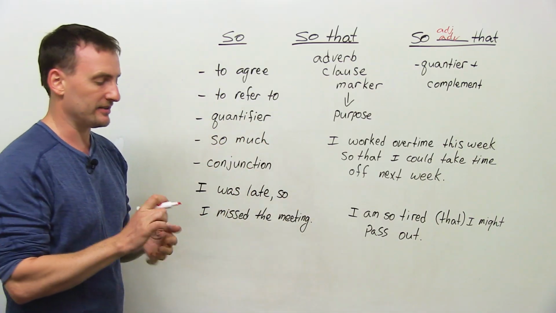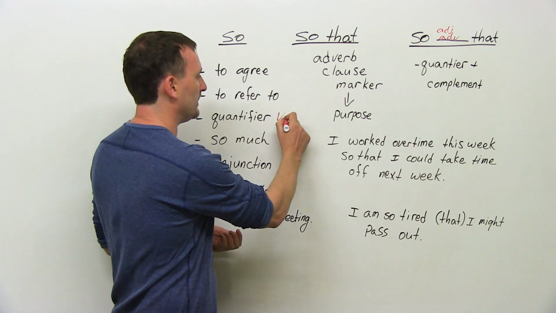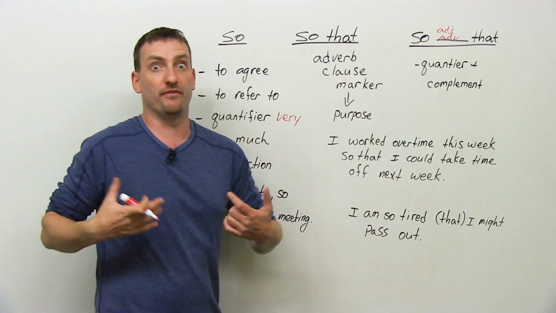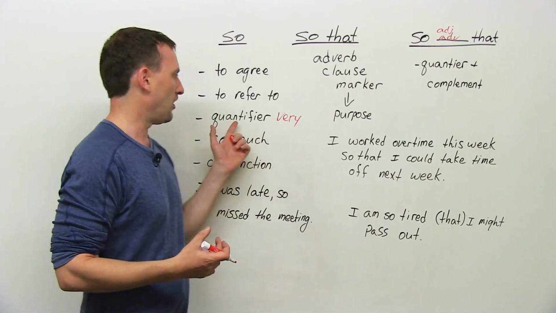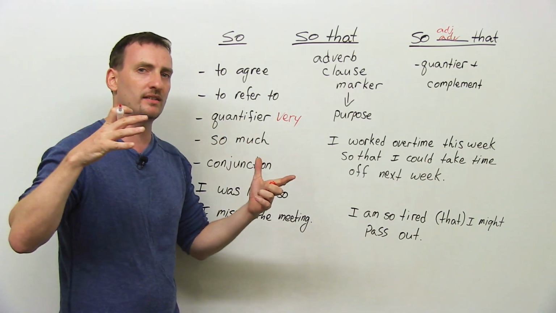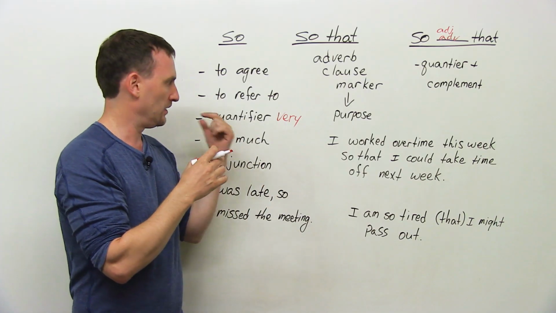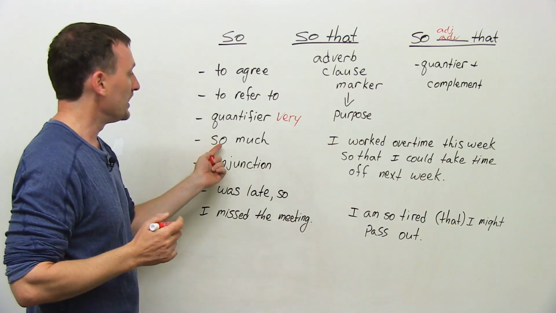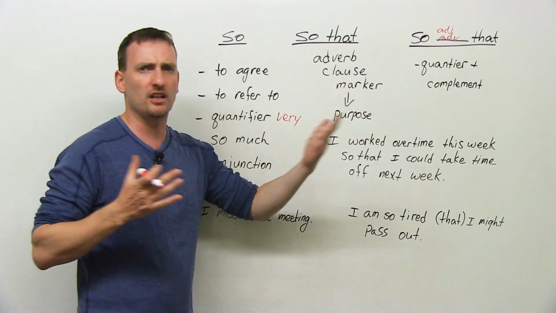As a quantifier, basically "so" means very. I am so hungry. Means I am very hungry. Okay? All we do is we quantify. We give a quantity to the adjective. We make it stronger, more intense. Very. "So much," "so many" just means a lot.